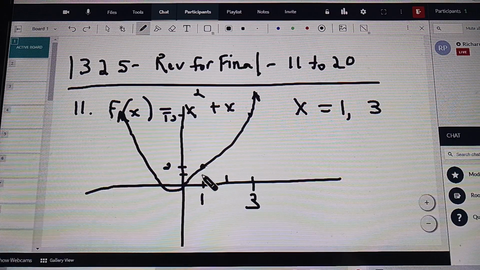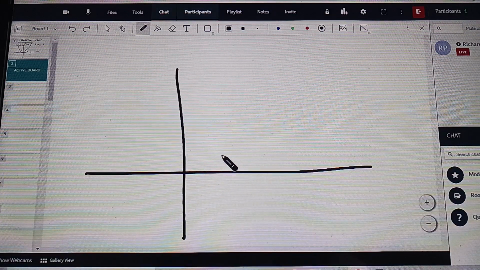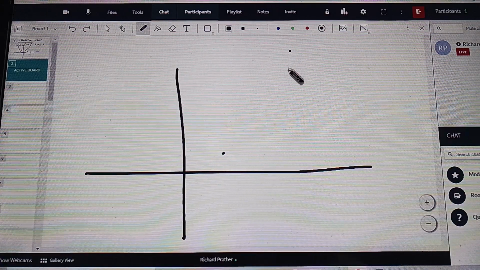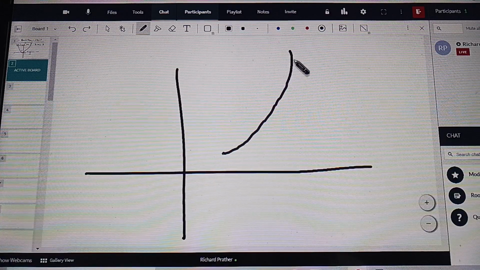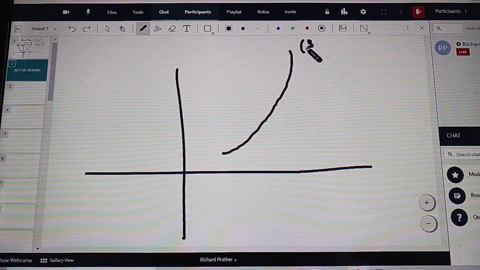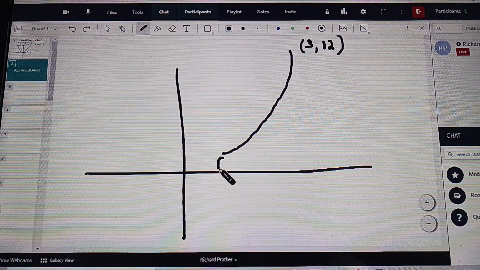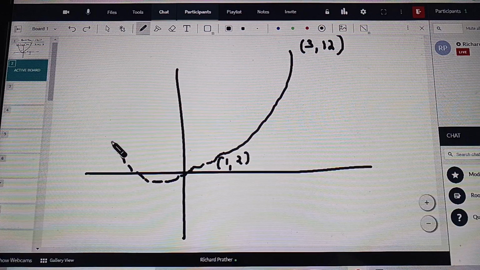And then especially if I blow this up, let's go from 1, 2 up to 3, 12 and put a little bit of a bend on this right there. So here's 3, 12. Here is 1, 2. And then the rest of the graph's like that.